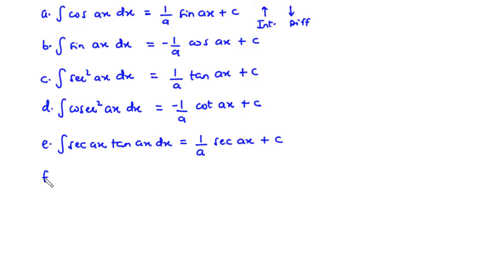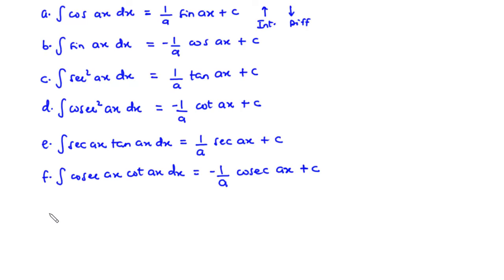And then lastly, if you want to integrate cosec ax times cot ax dx, that is basically equal to negative 1 over a times cosec ax plus c. So having this in mind, let's try to solve a couple of examples.